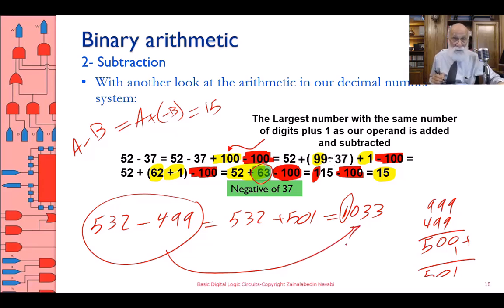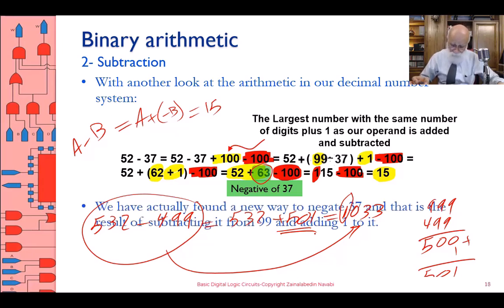The result is 33. And I didn't do any borrowing in this calculation. Then I refer to 501 as the tens complement of 499. That's why adding 532 to 501 gives me the result of subtraction of 532 minus 499. Now that we know this, let's do the same thing in the binary system. Okay?